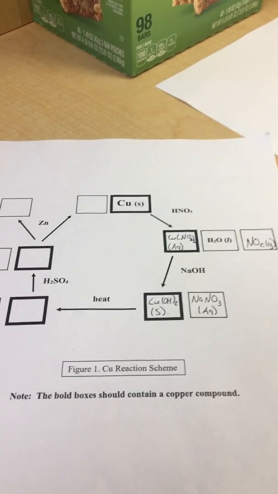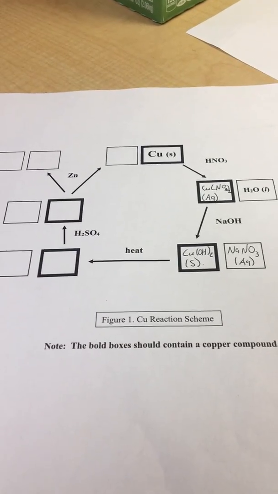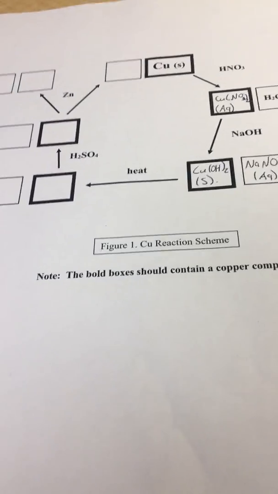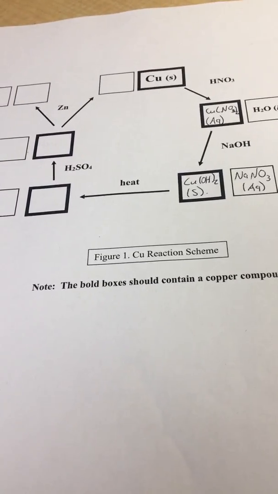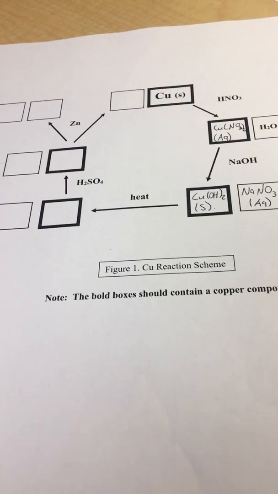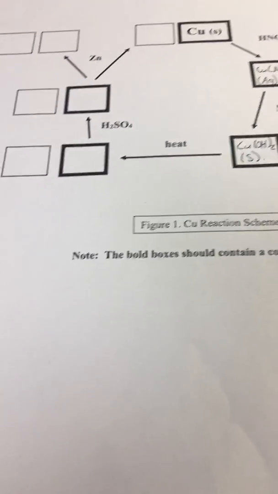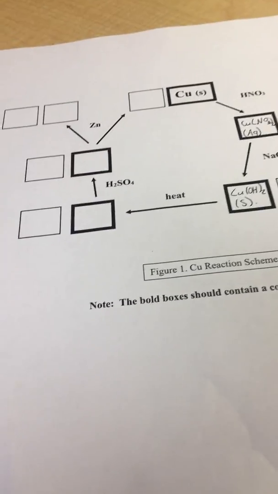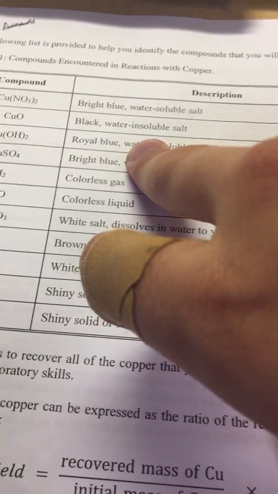Since we added the sodium hydroxide and the nitric acid to the copper, we then heated it. The solution was then heated, and during the heating process, the solution turned into a blackish color with all the salt sinking to the bottom. So if we look back onto here, it says black water-insoluble salt.